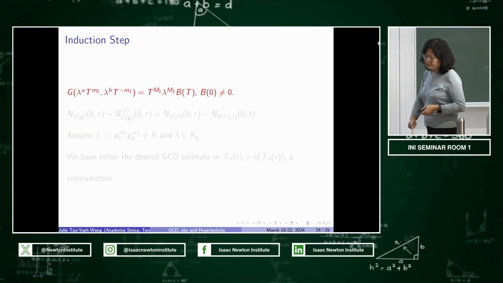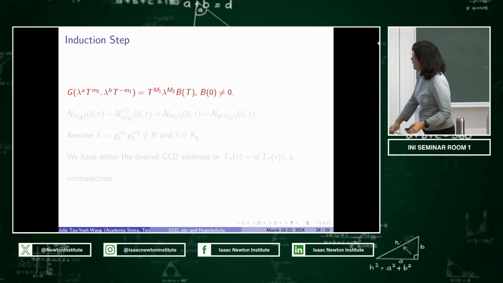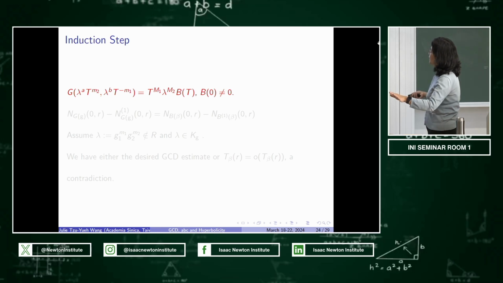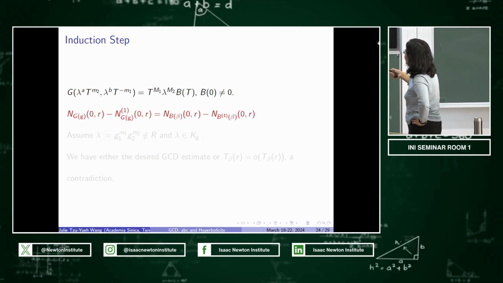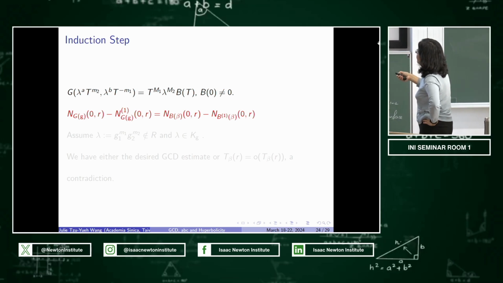Then we can start to do induction. The induction step is you take lambda not to be in the zero set of the resultant, and now t is the remaining variable, because we want to count all these things.